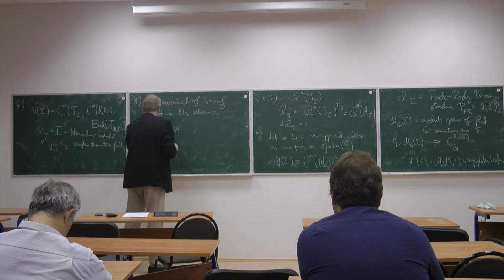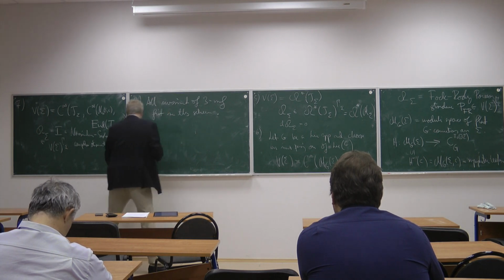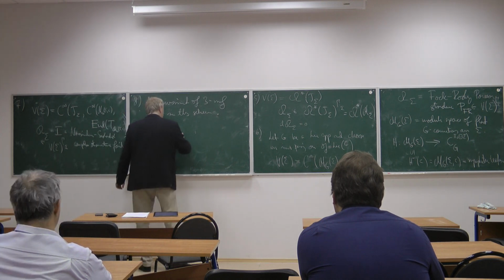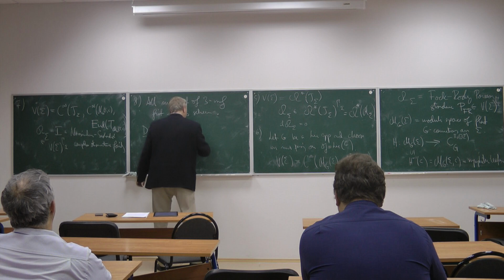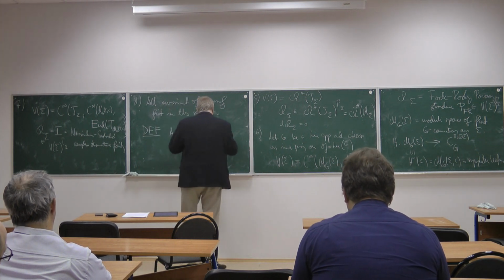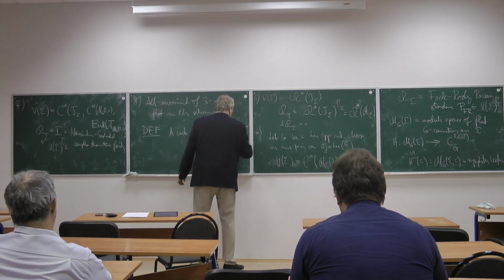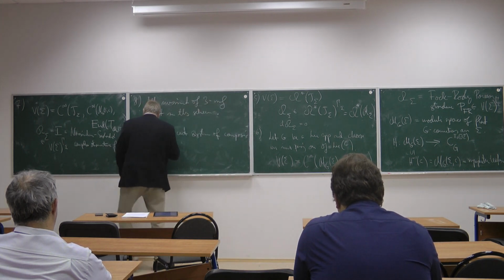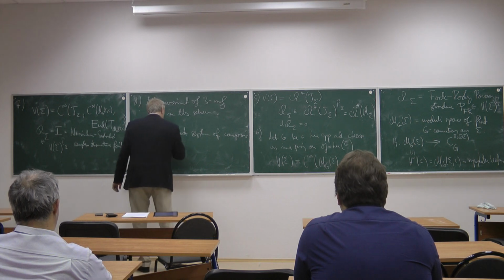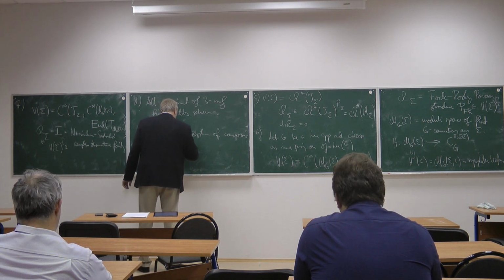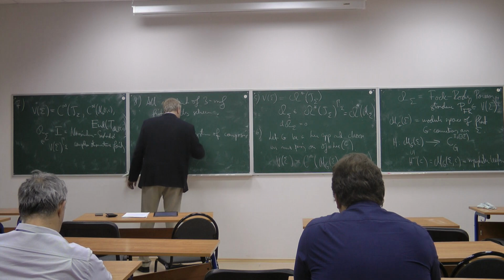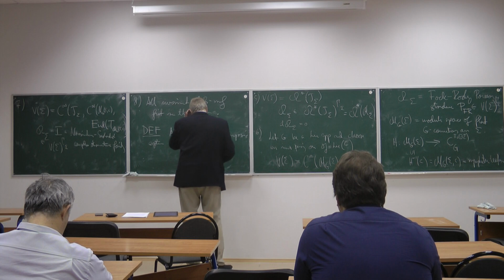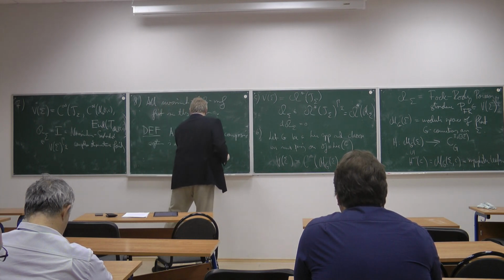Maybe I should actually set up a little bit before I do that. So definition. So a cut system or compression system, so it has many names, is a G-tuple, let me write it another way.